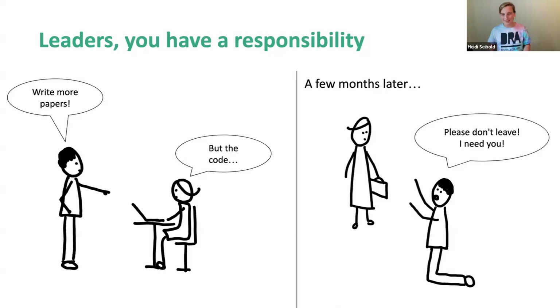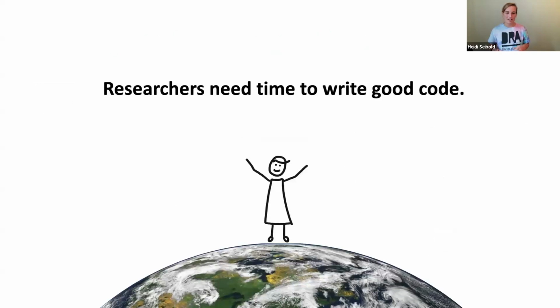So I want to also say that leaders, you have a responsibility here to change that a little bit and to allow people to focus on the code to actually improve the quality of the research, right? People and researchers and everybody who needs to work with code, they need time to actually do that, because all of the things that I talked about today, they do take time.